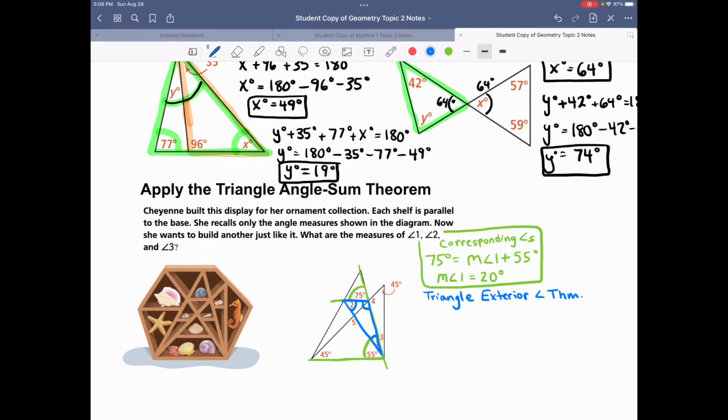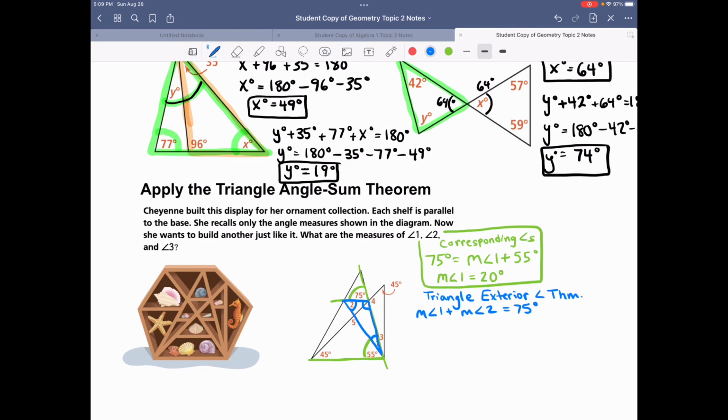And since a triangle has 180 degrees total, the measures of angles 1 and 2 equal the exterior angle, which was 75.